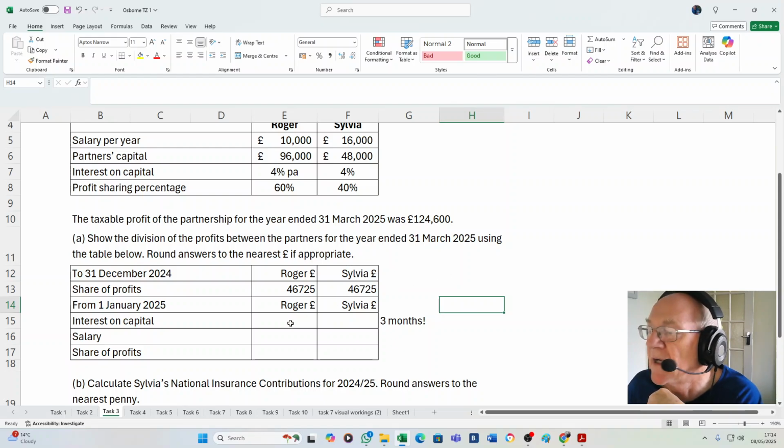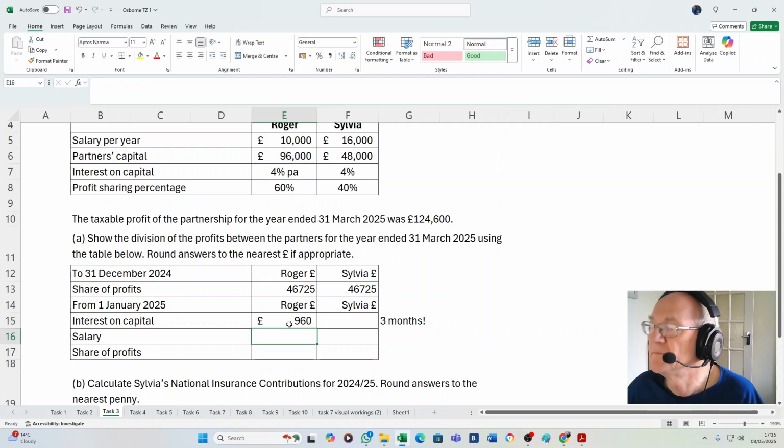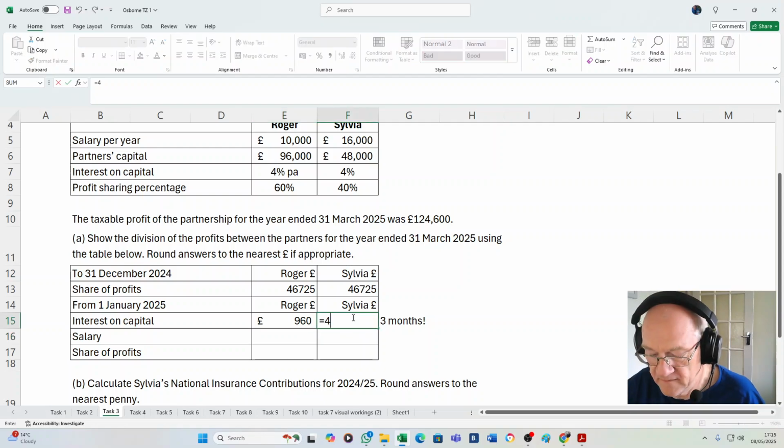So interest on capital, he will get is, we'll do it as a formula, E6 times 4%, what's 3 months, so divide by 4 will work. £960. And Sylvia will get times the 48,000 and divide by 4.